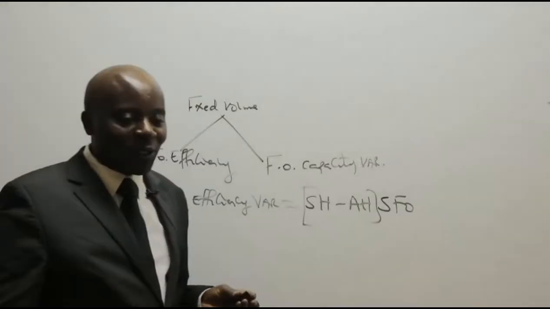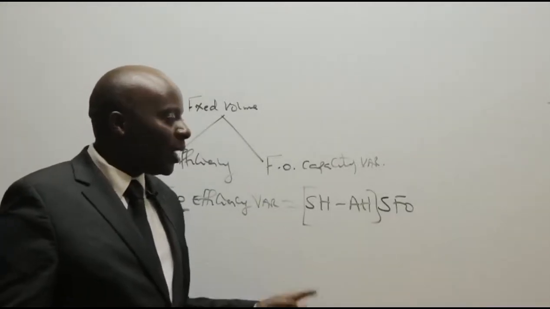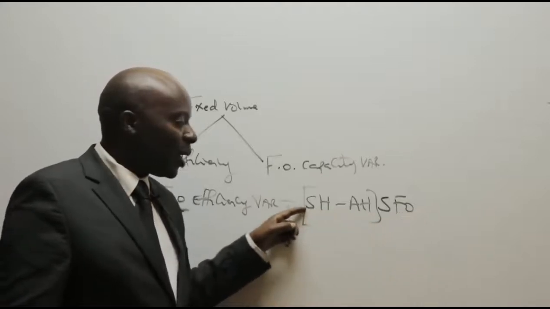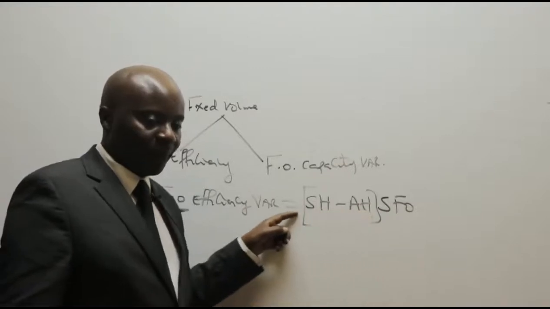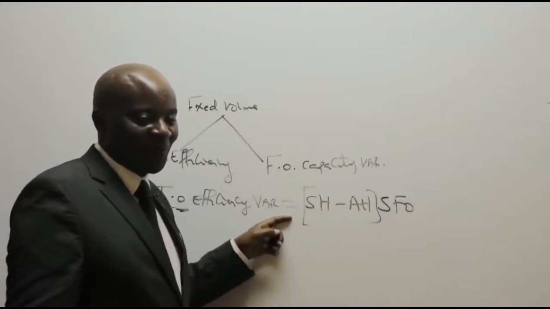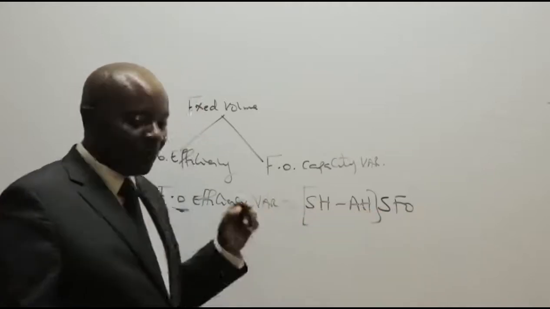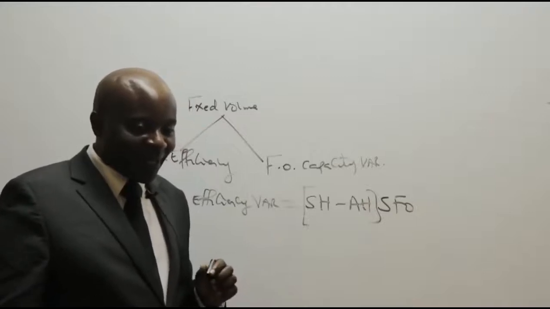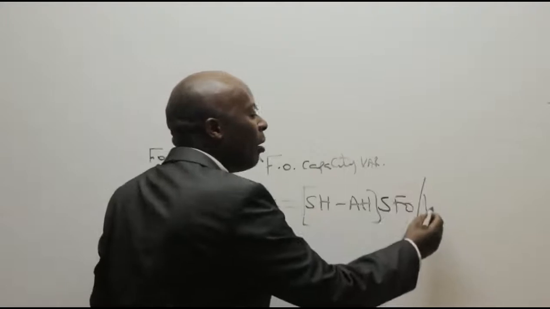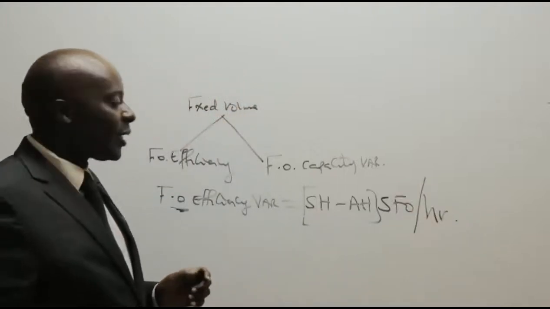But now the question will be, will this be SFO per unit? And yet these are not units. So it should be SFO per what? Joyce says it is SFO per hour.